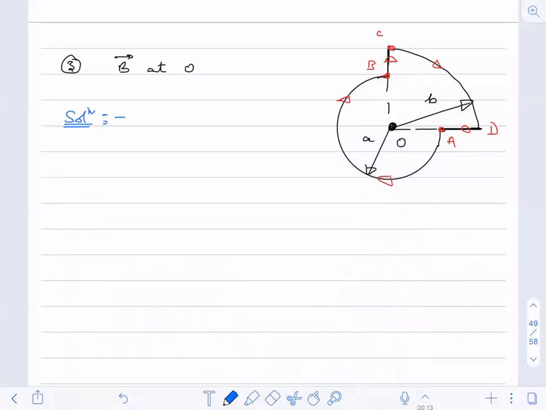So I'm directly writing over here: the magnetic field due to BC and the magnetic field due to DA will be zero. Now you will have a magnetic field only due to the curve A to B of radius A and C to D of radius B.